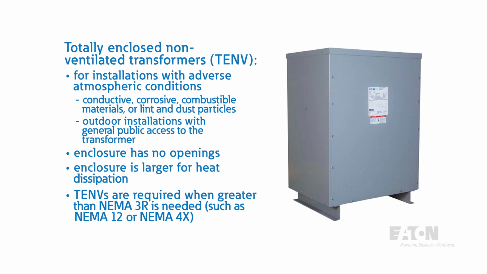Other applications could be where the unit will be installed outdoors and open to general public access. These transformers have no openings in the enclosure. Therefore, heat is dissipated by radiating from the surface area in lieu of design ventilation. Consequently, the enclosures are larger than their ventilated equivalents. TENV designs are required when greater than NEMA 3R enclosure ratings are needed, such as NEMA 12 or NEMA 4X.